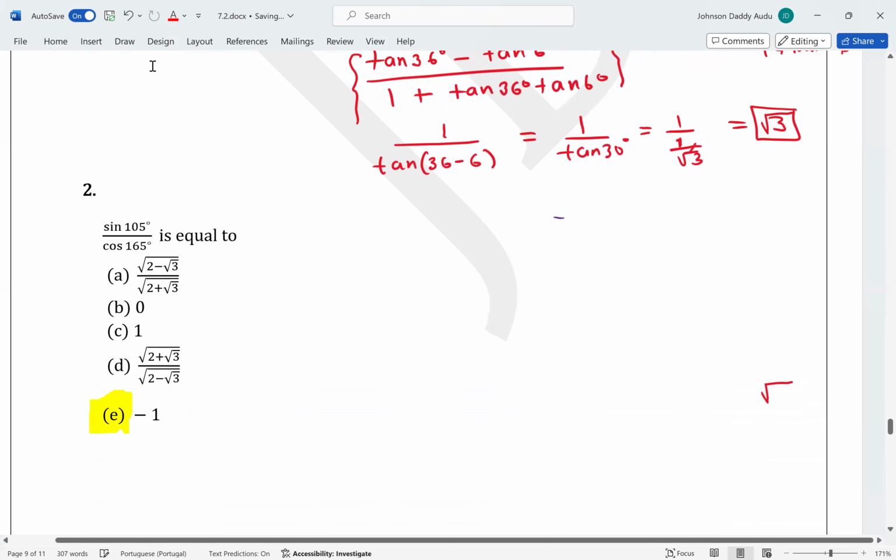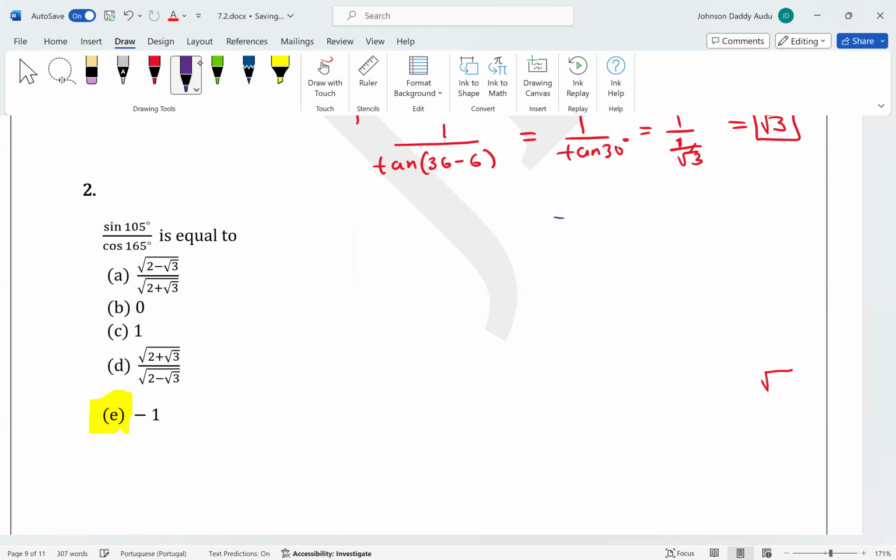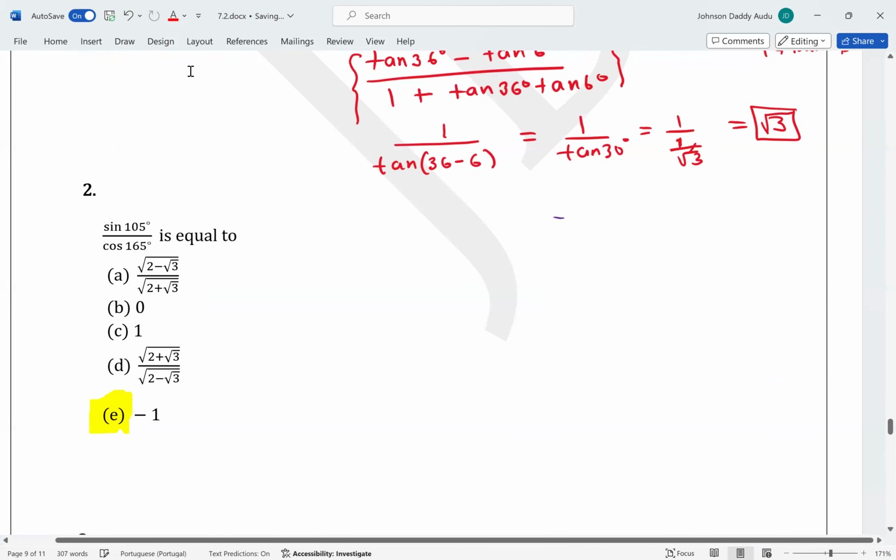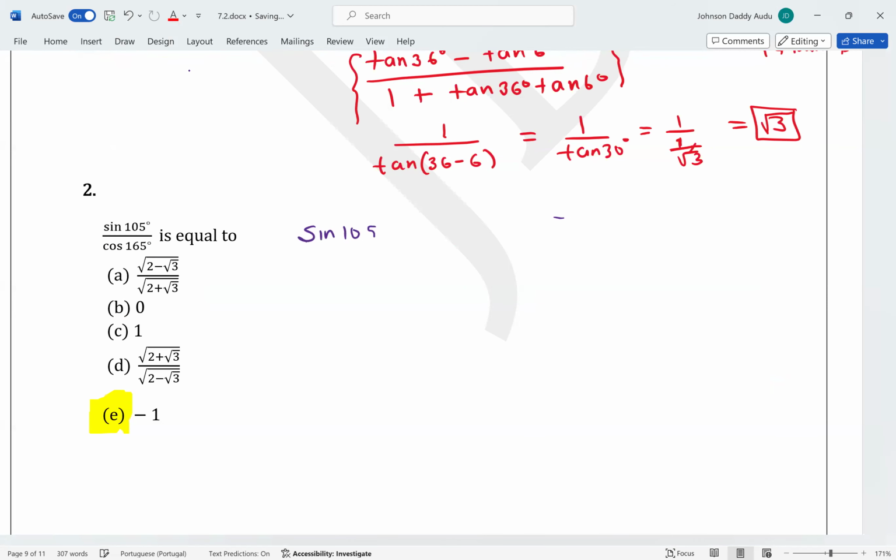All right, now number 2. If we look at number 2, it's sine 105 divided by cosine 165. Now for 105, we can easily write it as a sum.